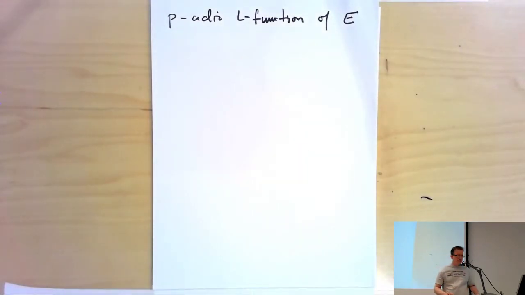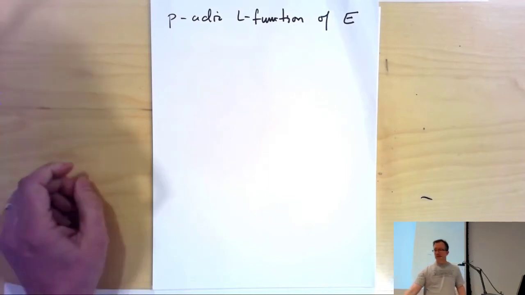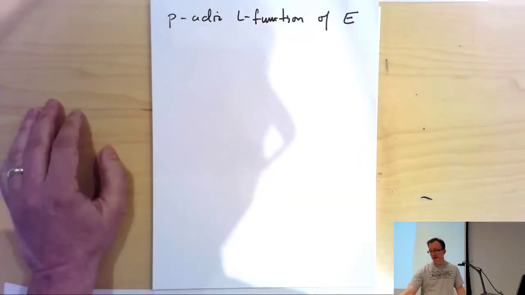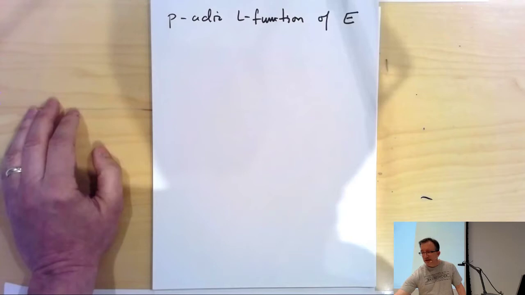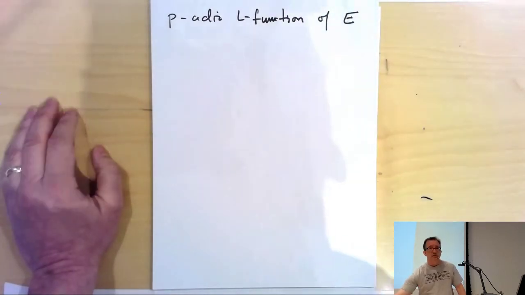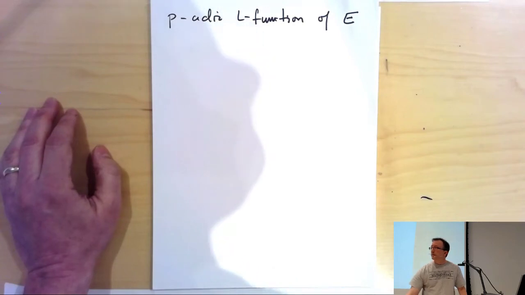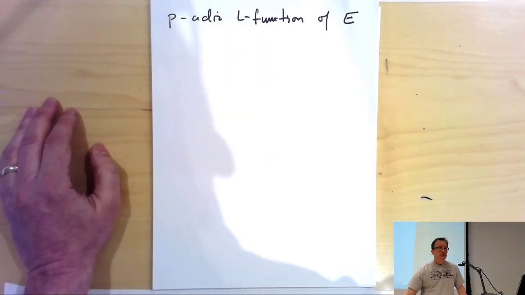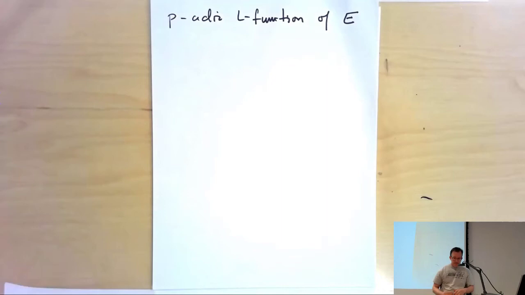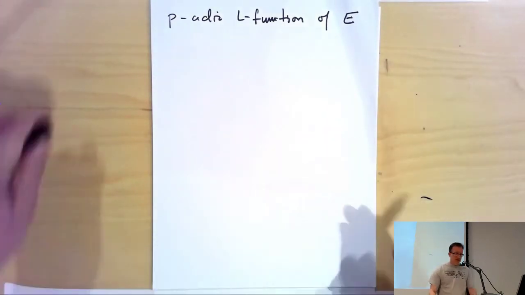So we want a p-adic L function for E. We want an element like G, something in Lambda that has an interpolation property very close to this. That's what our analysis of the Selmer group suggests we should see, and you can go looking for it.